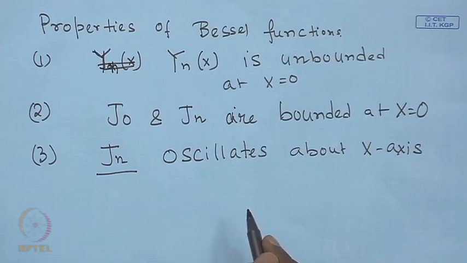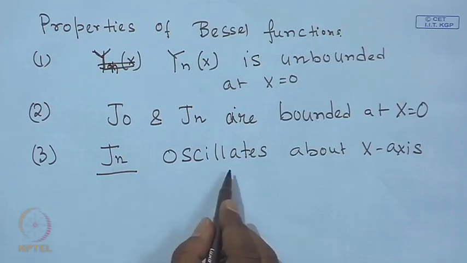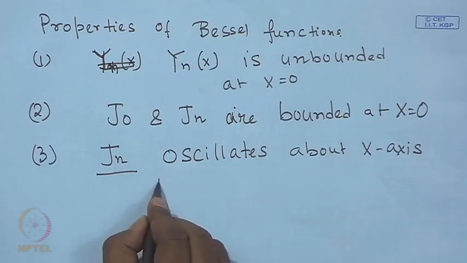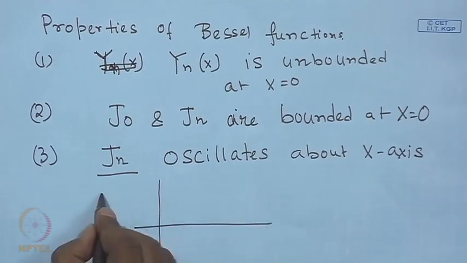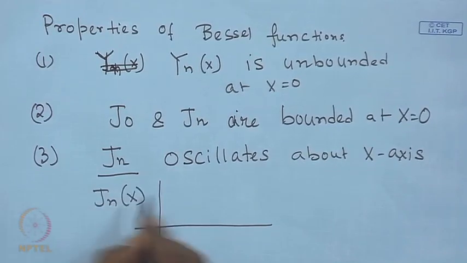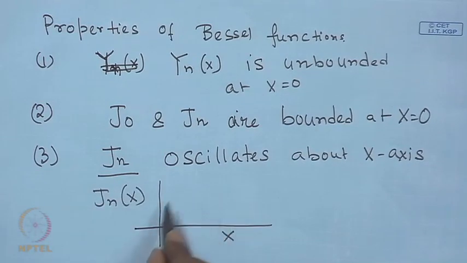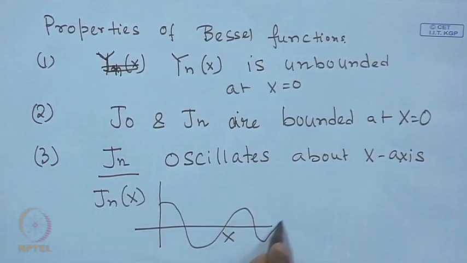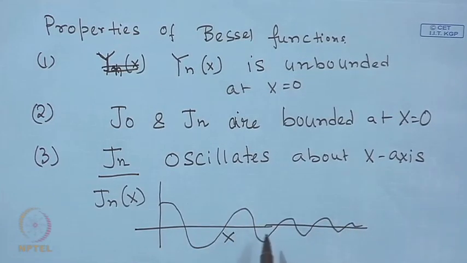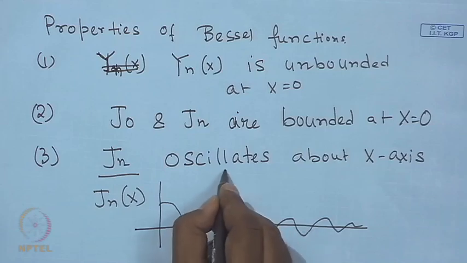In fact, tan function does not oscillate, but the sine and cosine functions oscillate about the x axis. Similarly, j n oscillates about x axis. So, if we plot j n x as a function of x, it oscillates about x axis with diminishing amplitude. That is important.